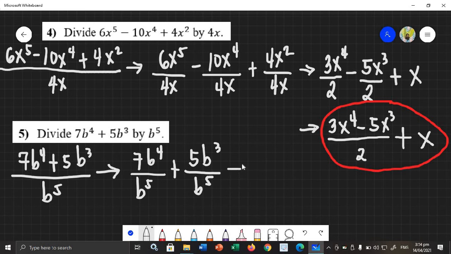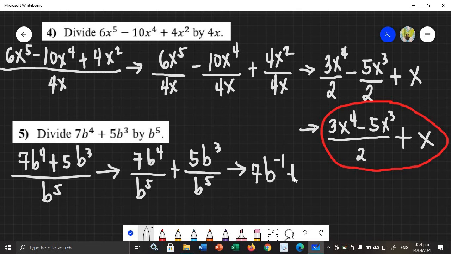Then, divide natin siya separately. Okay? So, 7 divided by 1, here we have 7. And then, b to the fourth divided by b to the fifth power. It will give us 4 minus 5 is equal to negative 1. So, we have b raised to negative 1.